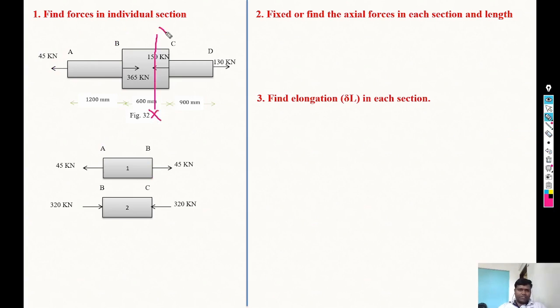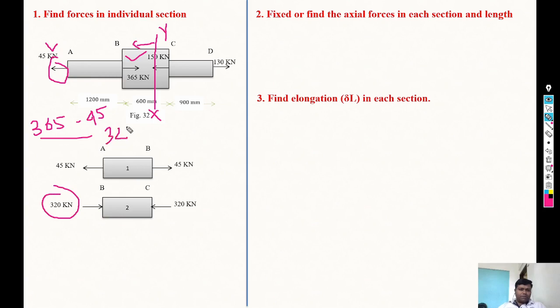Now after that, just calculate force on the second section. Just consider section at C point or near to C point and focus on the left side. So 45 is towards left and 365 is towards right, so 365 minus 45, because 45 is towards left so minus, and 365 is towards right so it's positive, so it is plus 320.